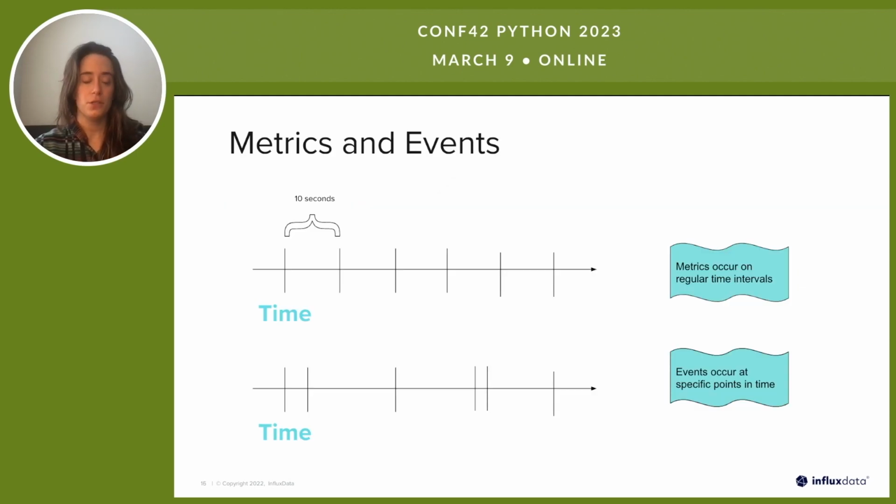All right, so time series data is generally categorized into two different types: metrics and events. First and foremost, all time series data is almost always represented on a two-dimensional graph, where we have a y value and an x value. The y value is typically the value of the time series data itself, and the x value is the actual time.